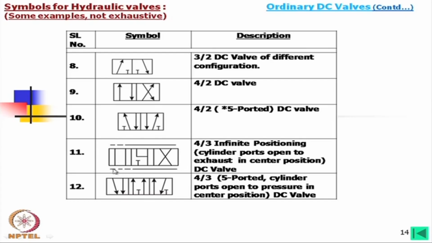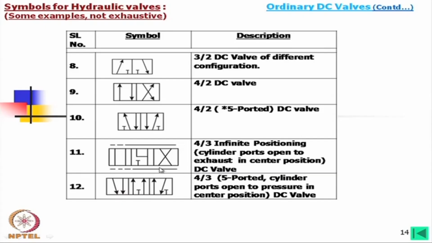Now, what we find along with that, these 2 lines are there. This indicates this is an infinite positions valve. Now, this is usually for copying machines and other things. You can say this is some sort of servo valve. So, infinite positions means this is some sort of servo working valve.